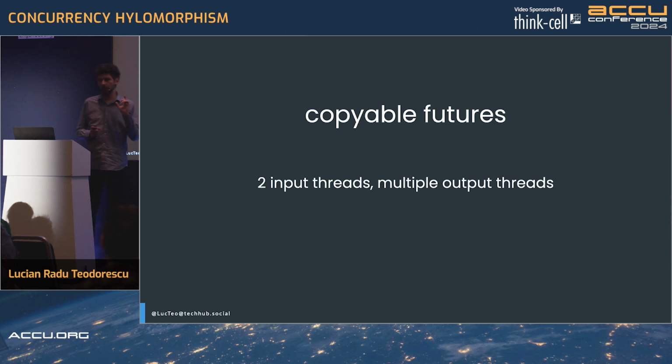If you have the regular futures, then you have two input threads, thread 1 and thread 2. And after a wait, you still have two threads, maybe in a different order, but you still have the same threads. If you start copying the future, then suddenly an operation that previously used 2 threads will now have, I don't know, 20 threads. So there's a little bit more involved synchronization logic to be handled in there.